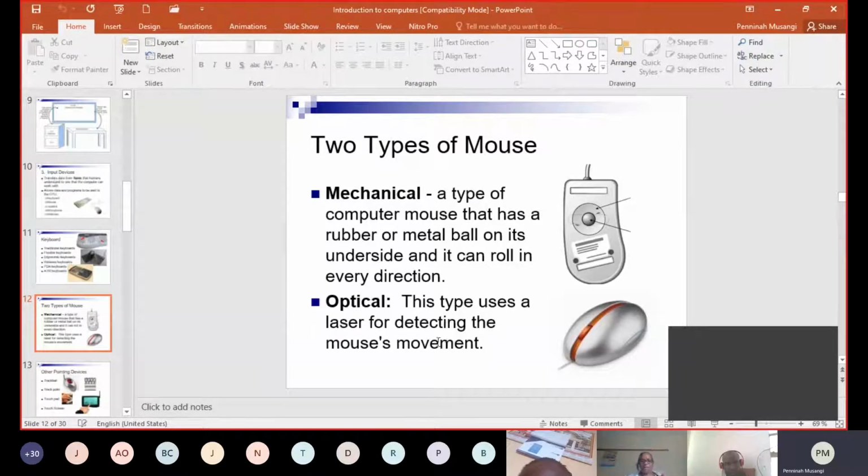But nowadays, this one has already been overtaken by events. Nowadays, we have the optical mouse, and this one uses laser to detect the mouse movement. So this kind of mouse has a lighting. So this laser is the one which recognizes the movements and also directs or controls the movements to where you want your instruction to be executed.